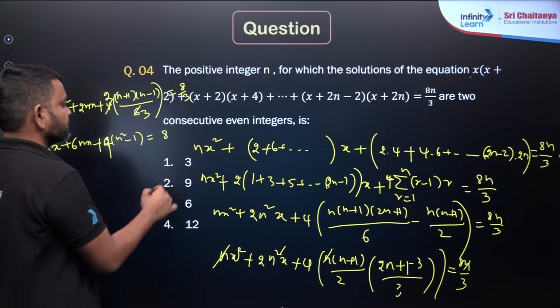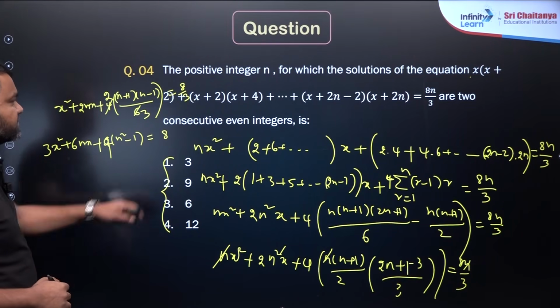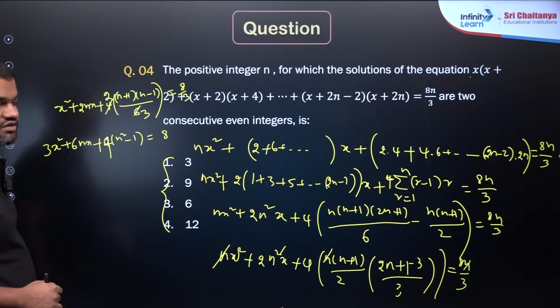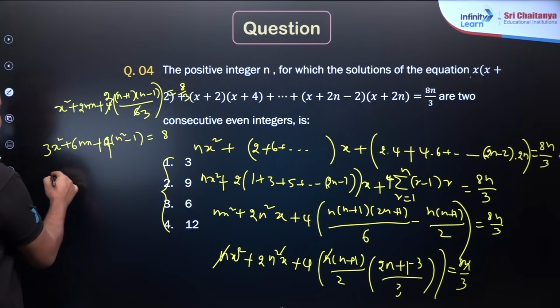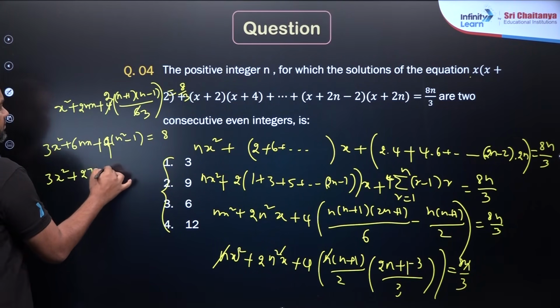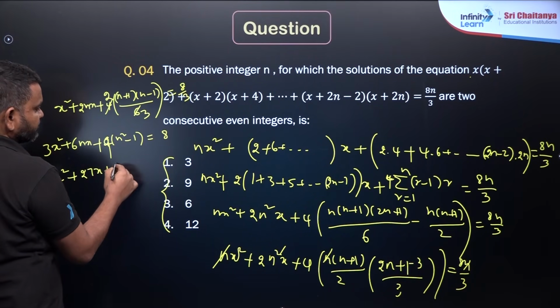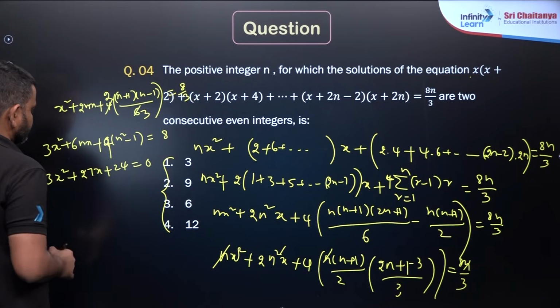Now check the values here, 1, 2, 3, 4, whichever value is going to satisfy this, where the roots are 2 consecutive numbers. Let us take 3. If I take 3, this is going to be 3x square plus 27x plus, this is going to be 9 minus 1, 8, 4. So 3 times 8, 24, that is equal to 0.